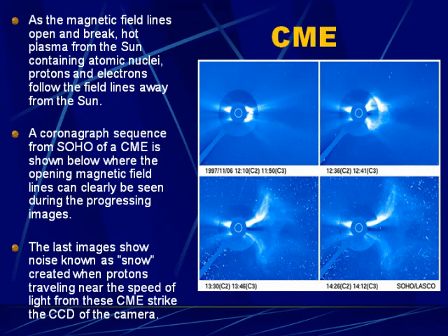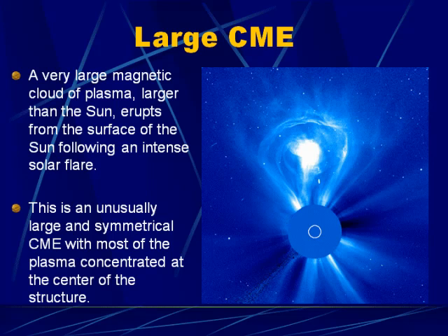Here's a nice sequence of pictures showing the initial solar flare, then the gas leaving magnetic field lines. And then you see all these speckles all over the pictures. Basically, these speckles are radiation particles that are hitting the detector, causing this snow or interference.